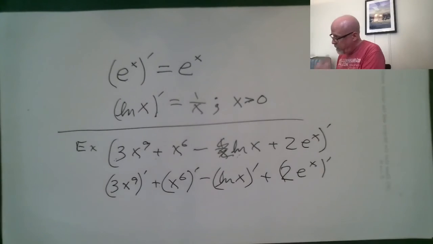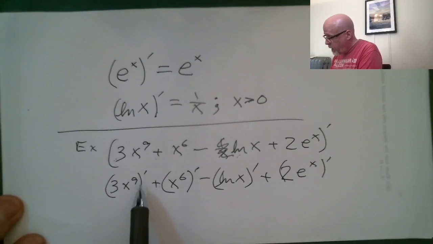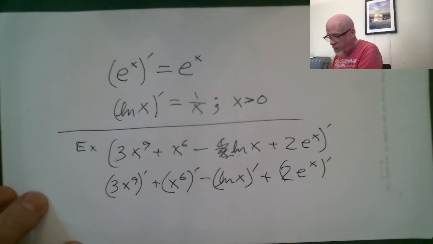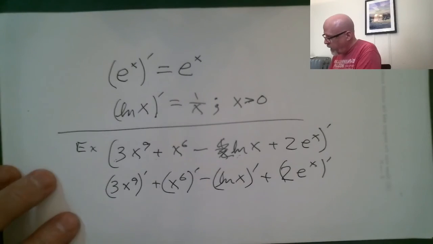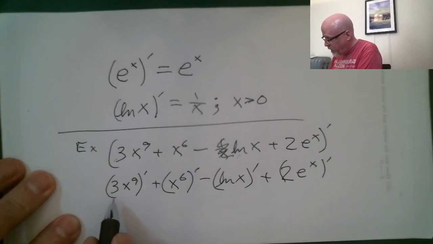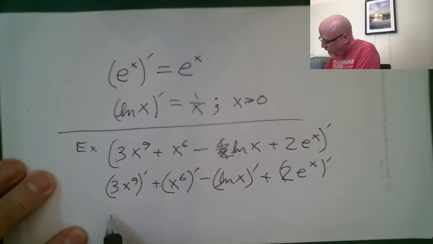Okay. Then primes, when there's a number out front, you can just pull that number out of it. In the book, they say the number just goes along for the ride. I kind of prefer to think about it as you can pull it away. It can be factored out. It stays behind when you take the other thing for the ride. So we have 3 times the derivative of x to the 9. Okay, that one doesn't need anything.